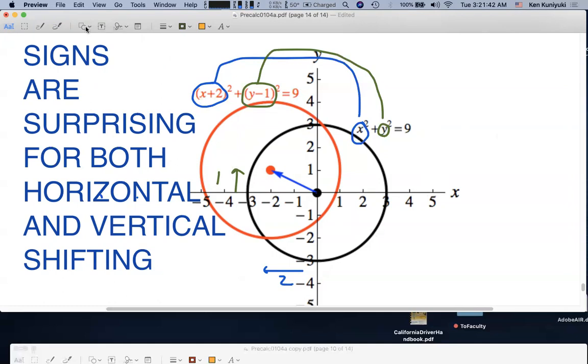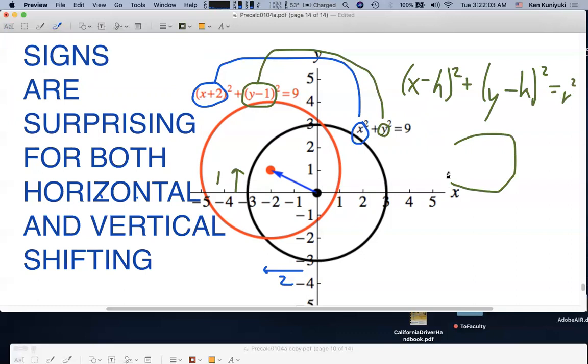Remember, the standard form for the equation of a circle is given by x minus h all squared plus y minus k all squared equals r squared, where (h, k) is the center of the circle. Here's (h, k), the center of the circle.